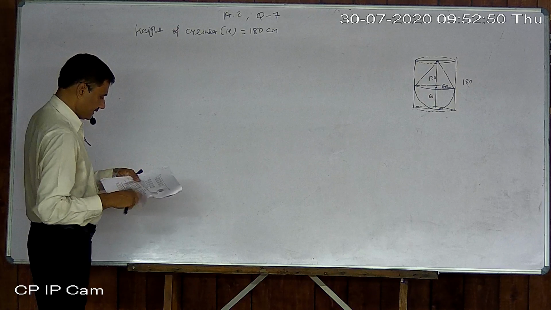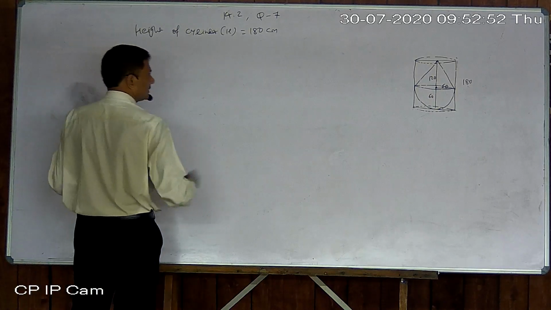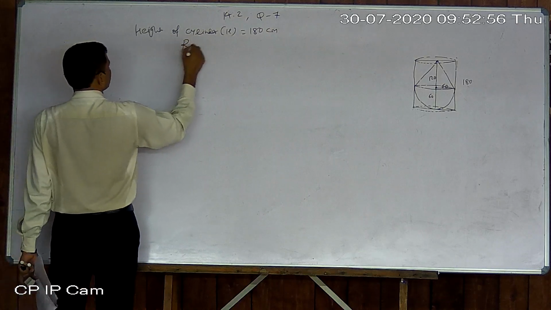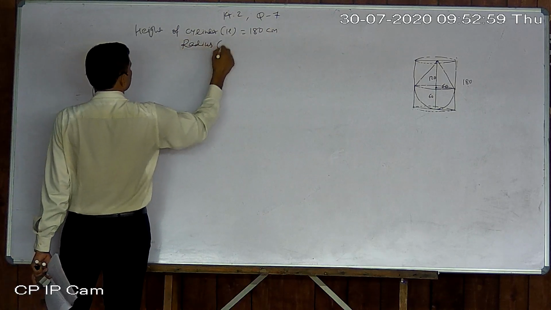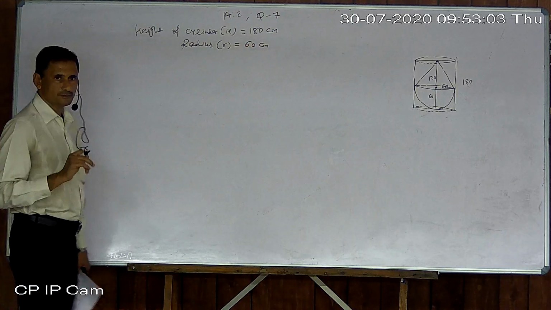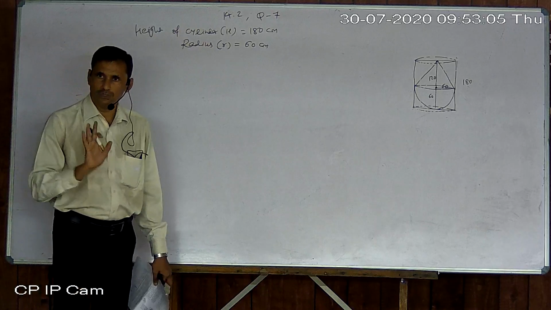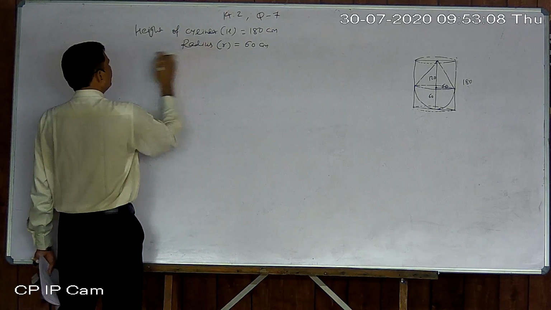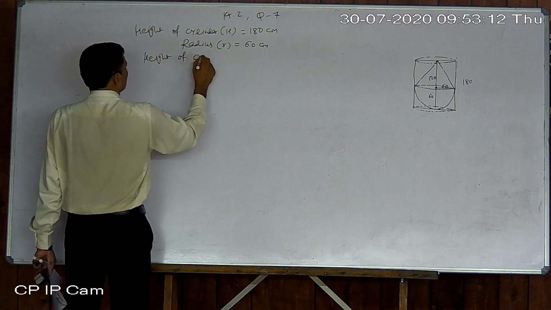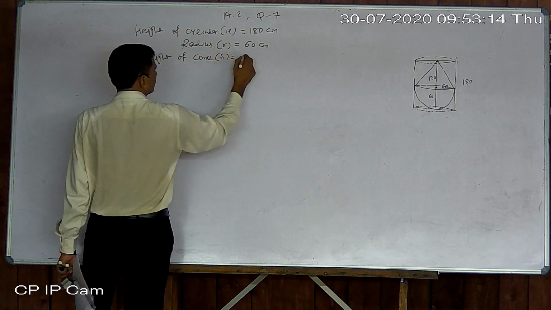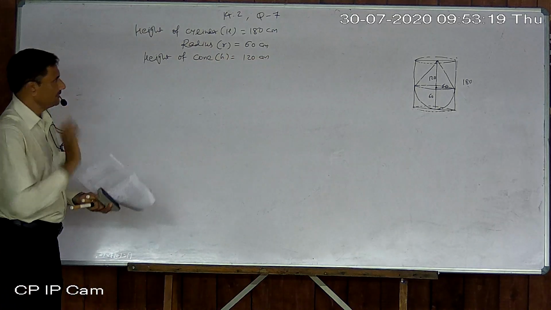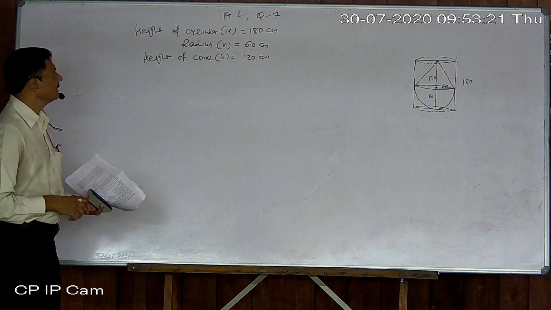And radius is also 60. The radii are equal for all three, whether it is the radius of cylinder, cone, or hemisphere, so I have not specified here. Now height of cone h is equal to 120 centimeter. I think all measurements are written here.